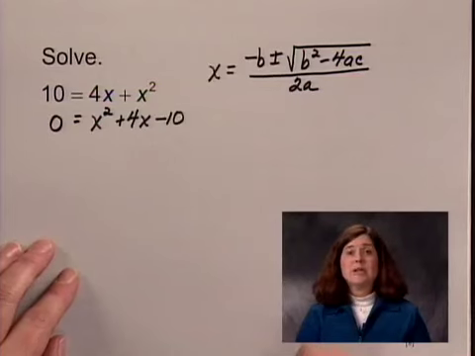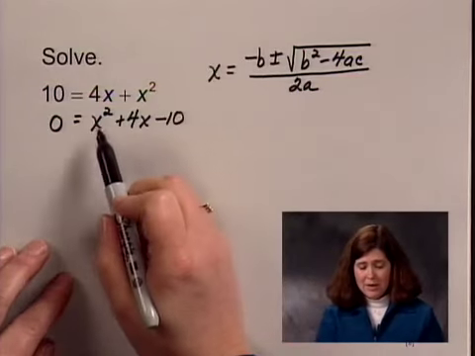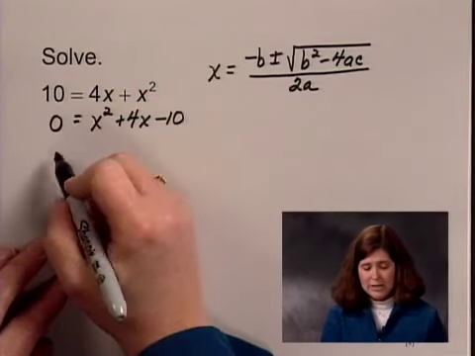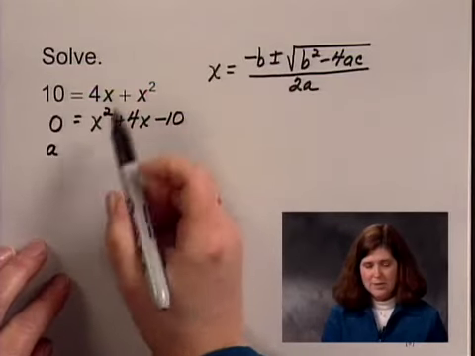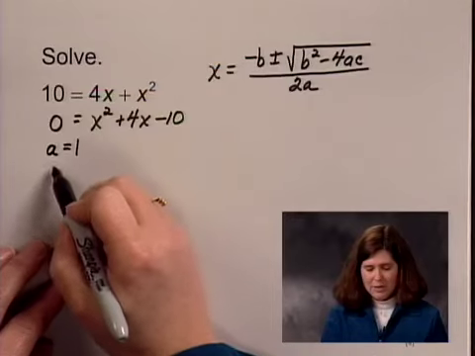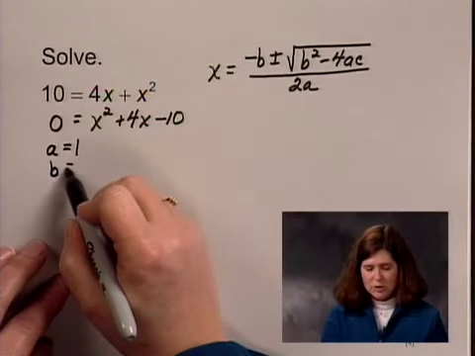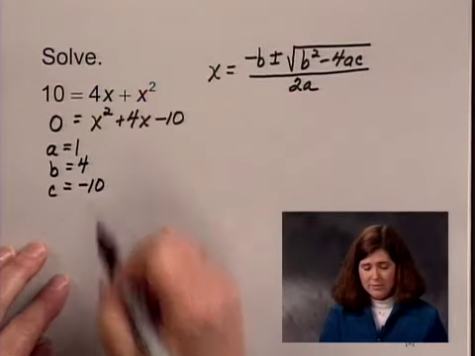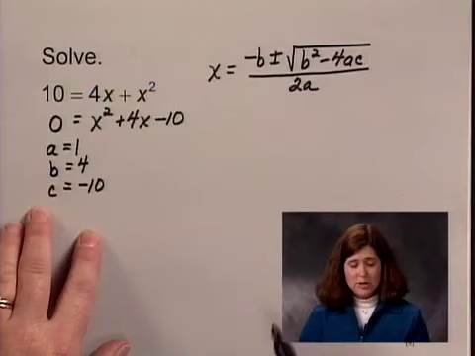We now need to determine a, b, and c. A is the coefficient of the x squared term, which in this case is 1, since 1 times x squared is x squared. B is the coefficient of the x term, which would be 4. And c is the constant term, which is negative 10. I now substitute.